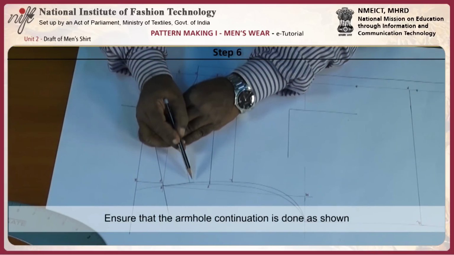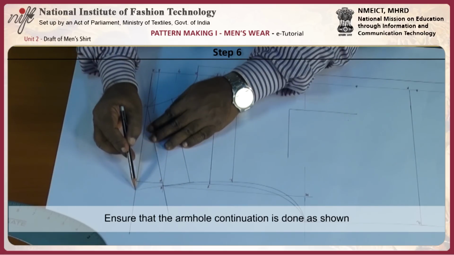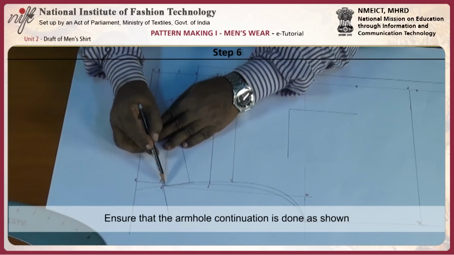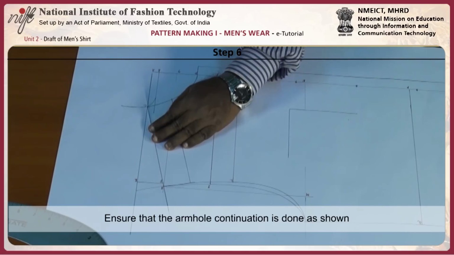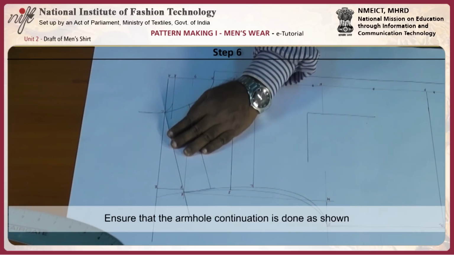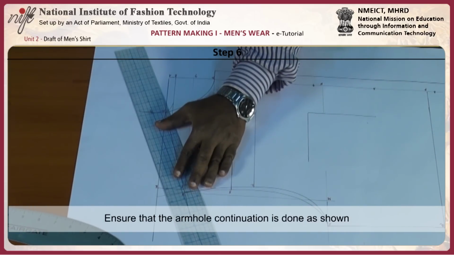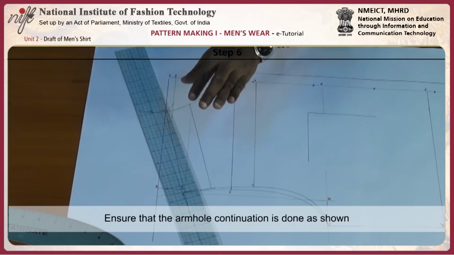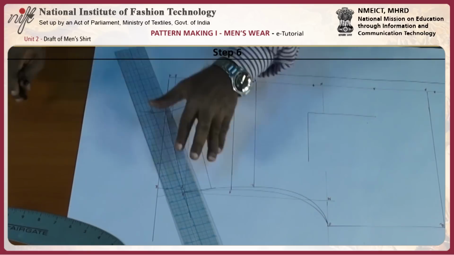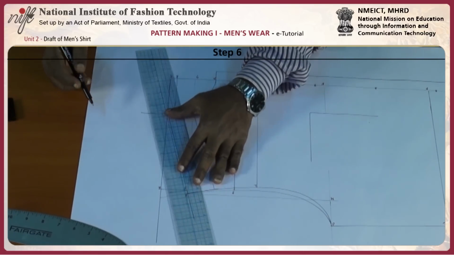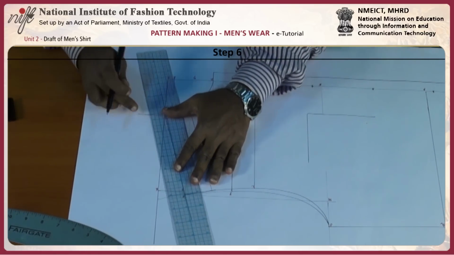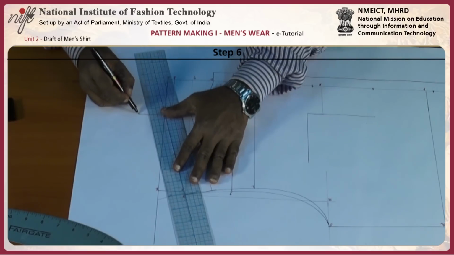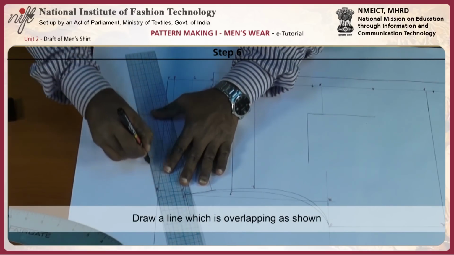Please ensure the armhole continuation should be like this. Then finalize a line which is overlapping.